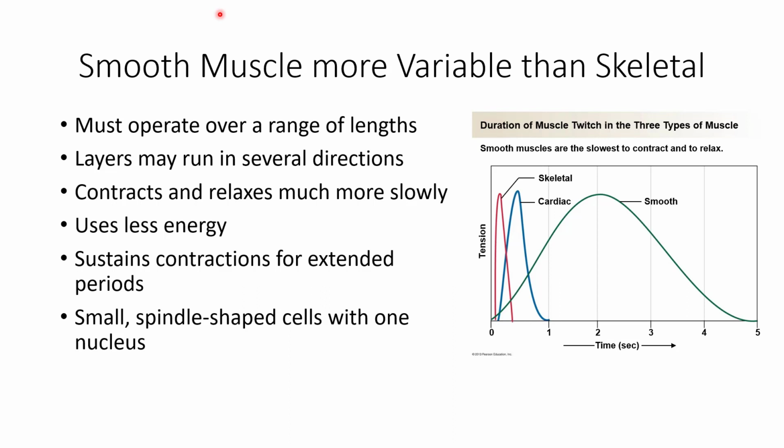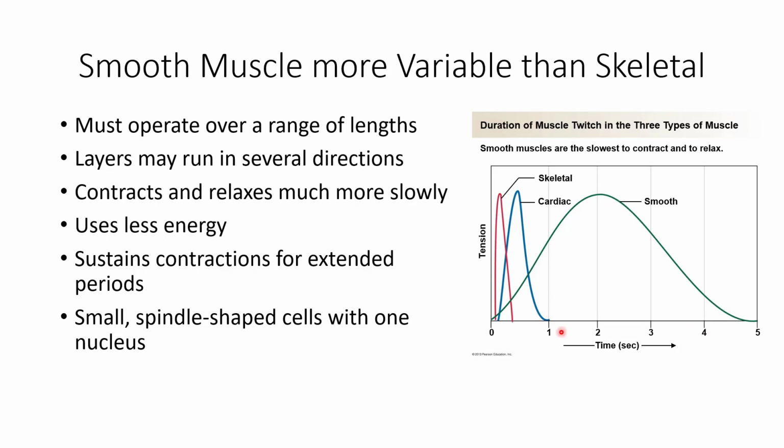One of the most striking things about smooth muscle is that it is much more variable in how it is able to build and maintain tension than either skeletal or cardiac. We can see skeletal muscle twitches very quickly. We build tension very fast, but then it's lost pretty quickly. Smooth muscle, though, takes a long time to contract. It also takes a long time to relax.